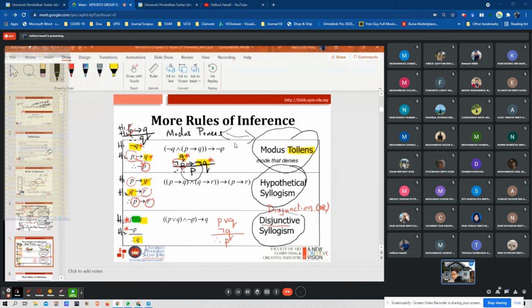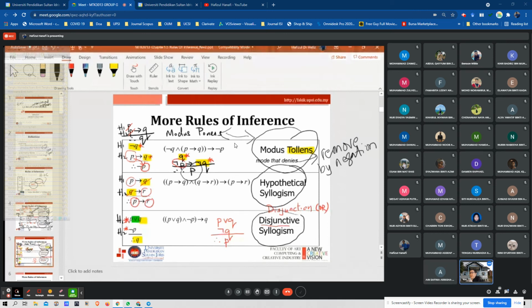Here you can say this one is removing by negation. Not P implies not Q. Not P implies not Q. And then not Q gives not P.